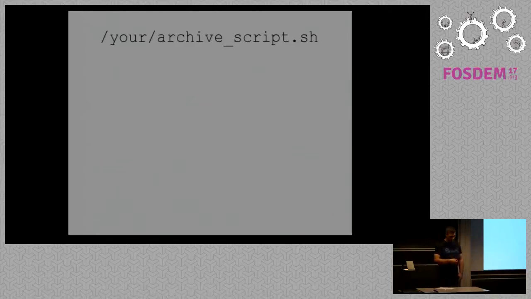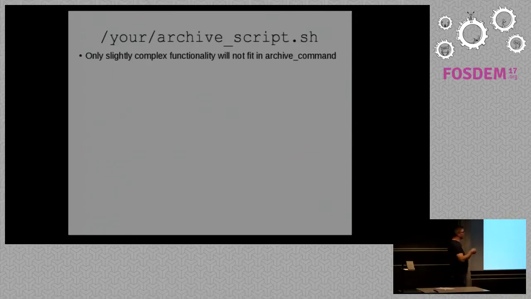So what should your archive script look like? I will not give you one. One of the reasons why the archive command and the restore command have no default, not even in the docs, is because everybody's environment is so different, and you cannot cover it all. You can't even try. I think some commercial vendors do try, and then you have some different backup solution for that database, and that's not what Postgres works like.